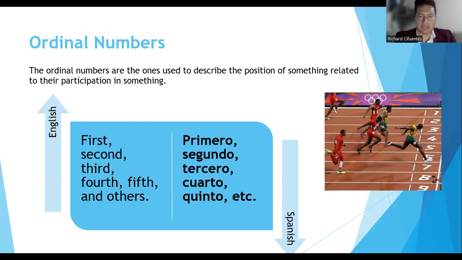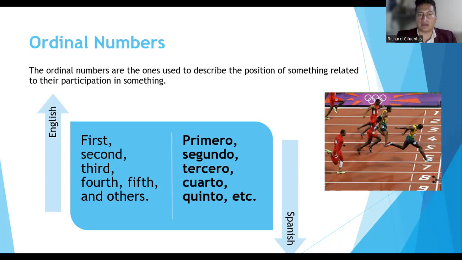Okay, the position is preceding the noun, in English as well as Spanish, but it changes as we reviewed in the previous ideas: we have to change the letter A for the letter O. I cannot say él llegó primero or ella llegó primera in English.